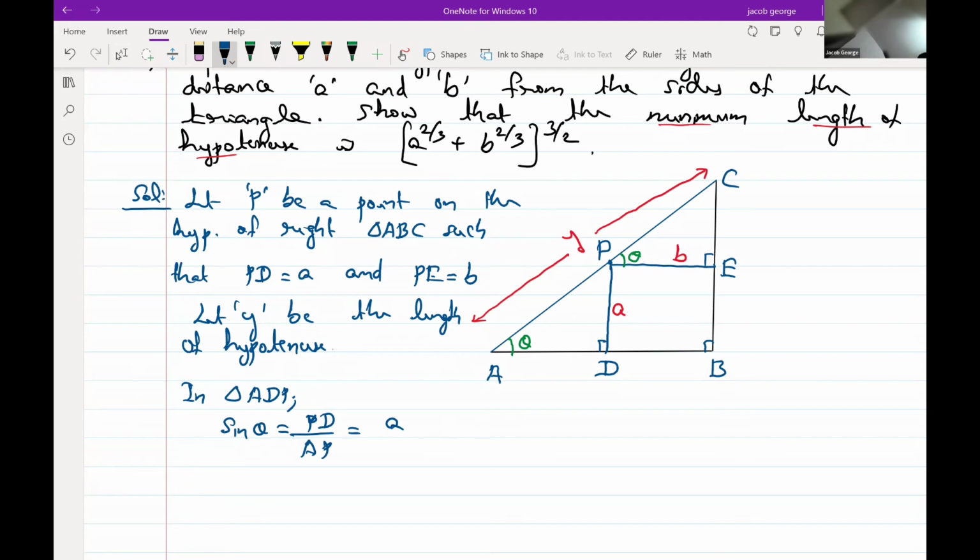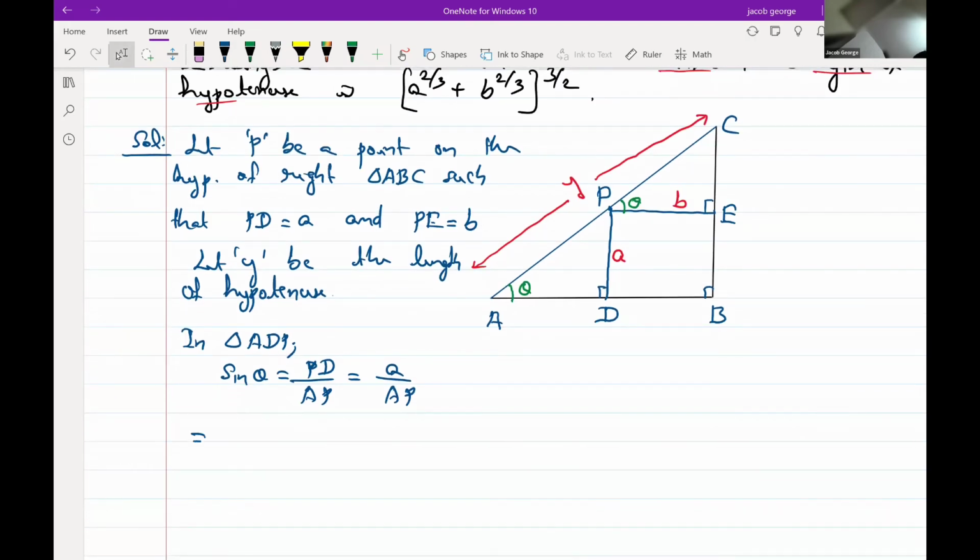That is a by AP, or AP is equal to a by sine theta. That is equal to a cosec theta. AP is a cosec theta. We will use this for further substitution.